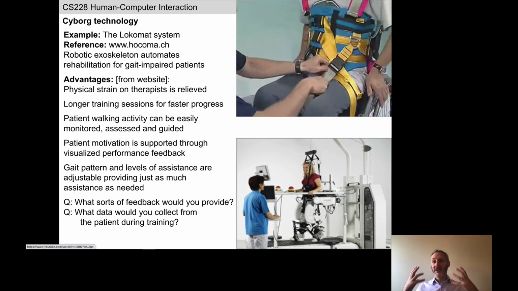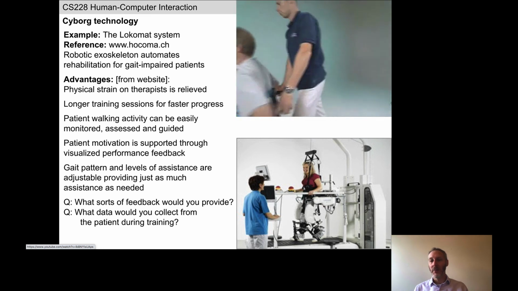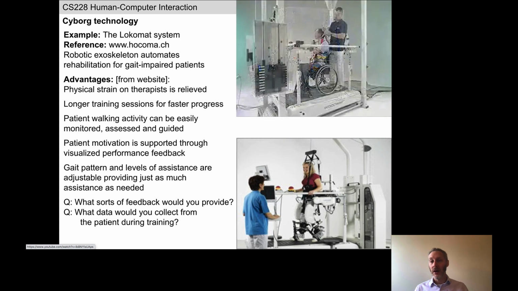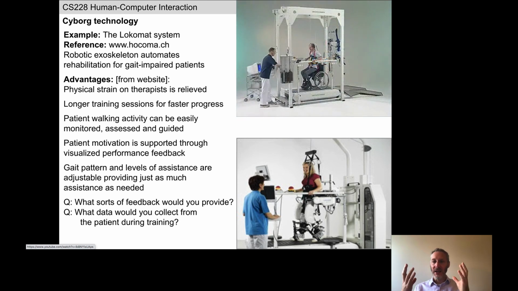The Locomot system is a wearable exoskeleton, as you can see in the bottom right picture. We're going to allow the patient to wear this exoskeleton, and the exoskeleton is then going to drive the motion of the patient's legs.